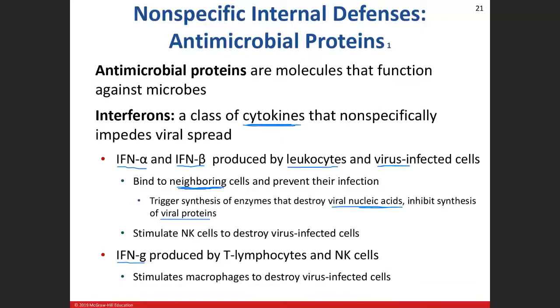Also, these alpha and beta interferons will then, hey, there's my boy, the natural killer cell. It's going to trigger the natural killer cell to go in and kill that virus-infected cell. Again, it shot up the flare. The neighboring cells are like, oh crap, let's start making enzymes and preventing the synthesis of any viral proteins in case that virus tries to infect us, which likely it will.